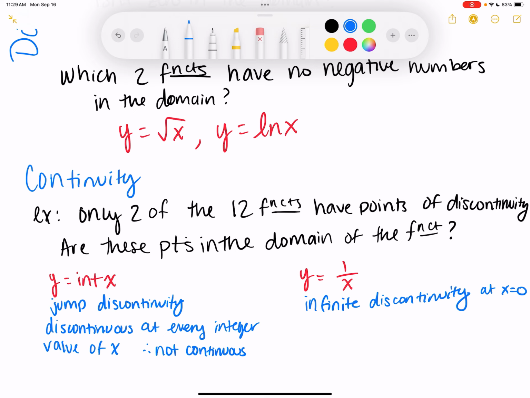However, our domain for this function is all real numbers except for 0, so negative infinity to 0 not including, and then not including 0 to infinity. And so this is continuous at every point in the domain. So it is a continuous function.